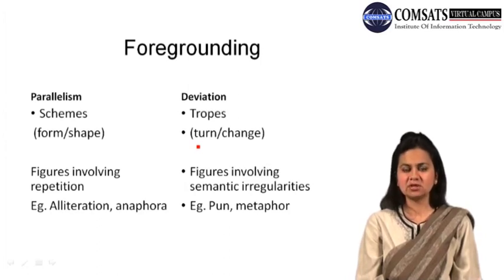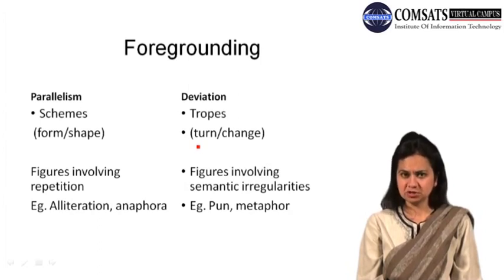And schemes include multiple and numerous devices which change the form or shape of a writing, either adding symmetry, repetition, order, balance, rhythm, and rhyme to it for the sake of memorability, for the sake of emphasis, and also for the sake of importance or interpretation.